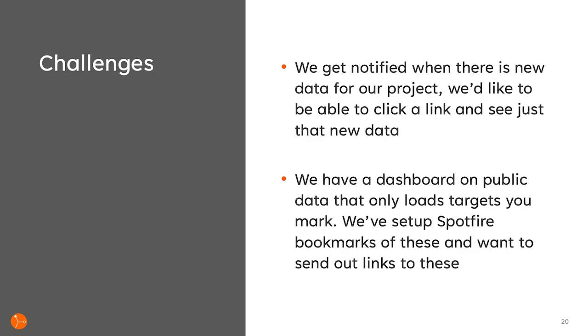Configuration blocks. So here's some things. We have a notification system. Whenever there's any new data, a notification goes out, and users would like to just click a link and view that latest data. They're always interested in what's the new data that's come in. We also have a dashboard built from public data that loads targets in, and we've got bookmarks set up, so users want to have a link directly to that bookmark.